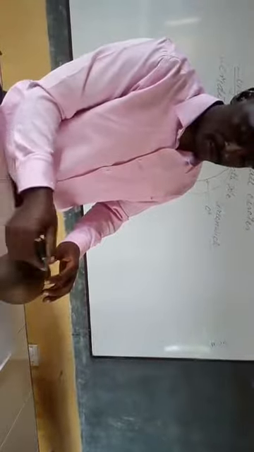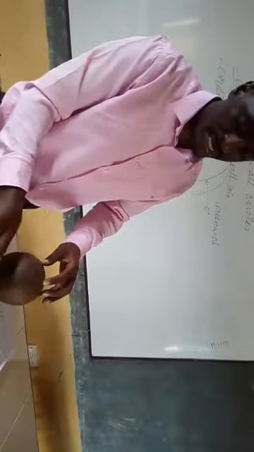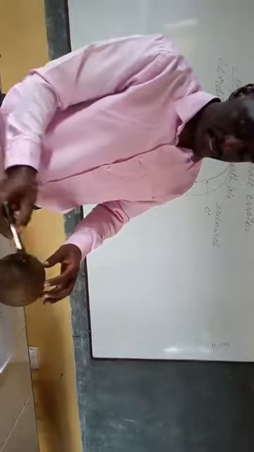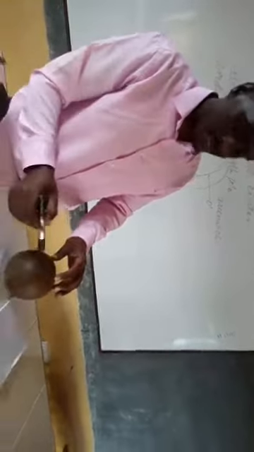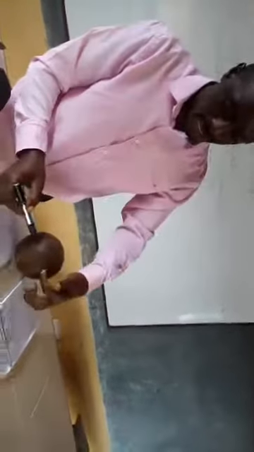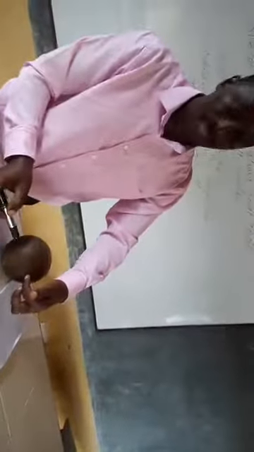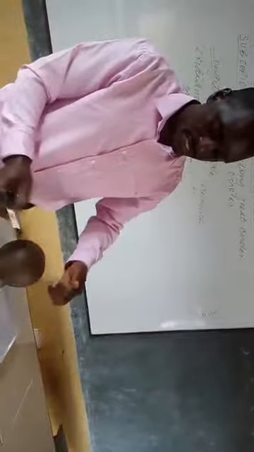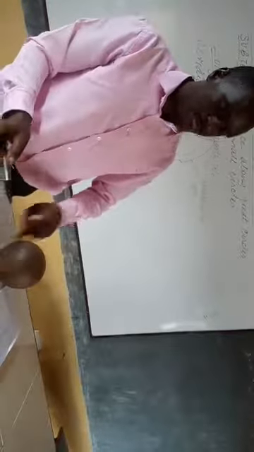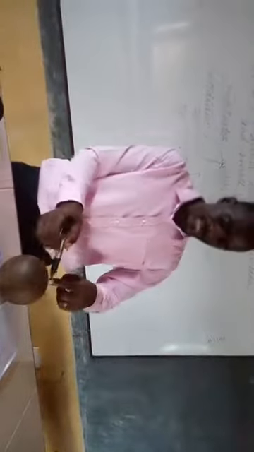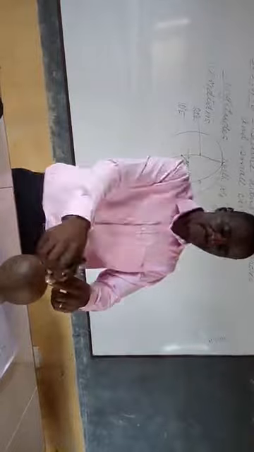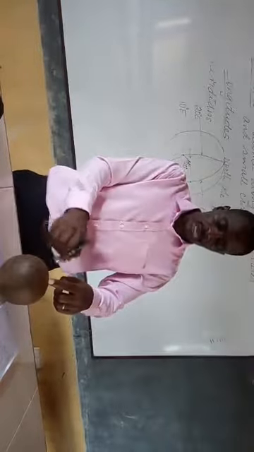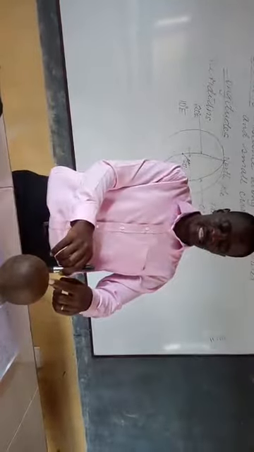So maybe a meridian that passes through here is 10 degrees east, a meridian that passes through here may be 20 degrees, and a meridian that passes through here, because this angle at the center is something like 50, we'll call it 50 degrees east, all the way. Something that you're going to note is that by the time we get to the other half to complete it, we'll have turned a whole 180 degrees.